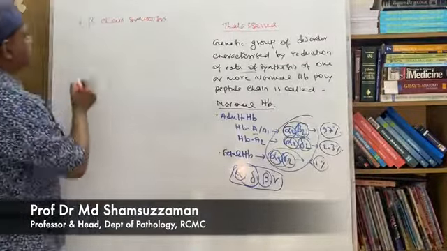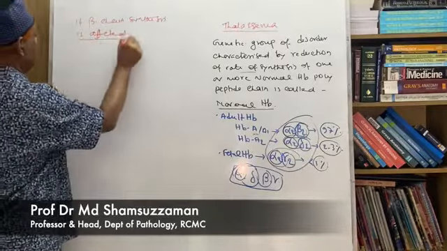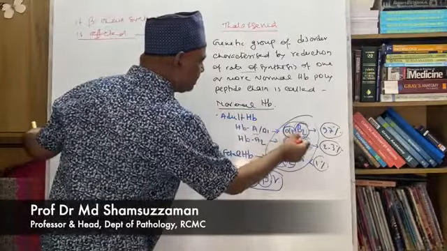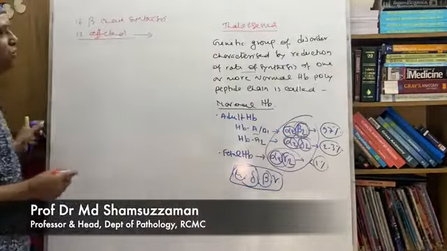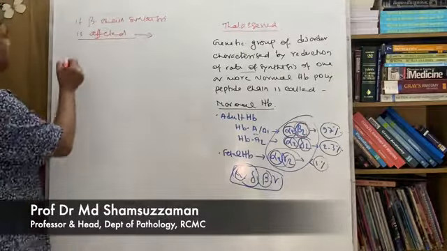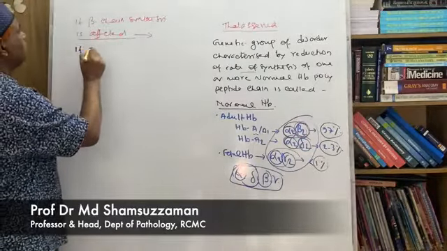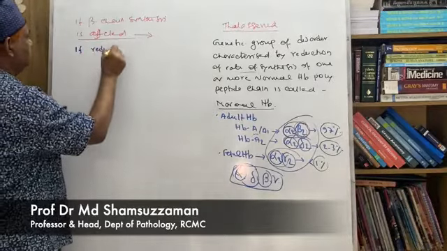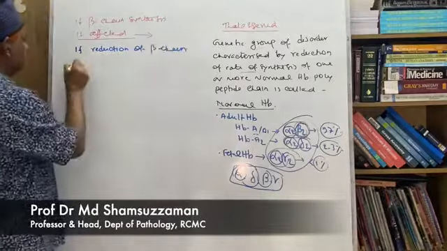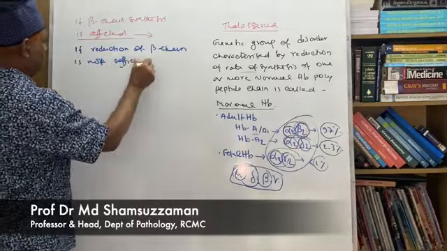If beta chain synthesis is affected, what will happen? First come to if the beta chain synthesis reduction is not sufficient.